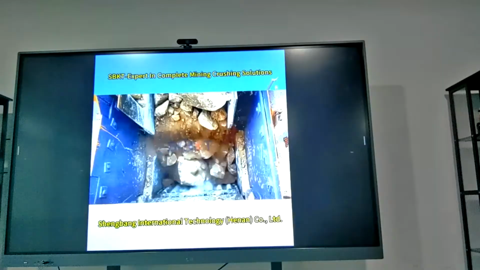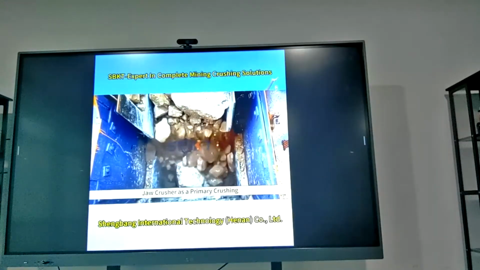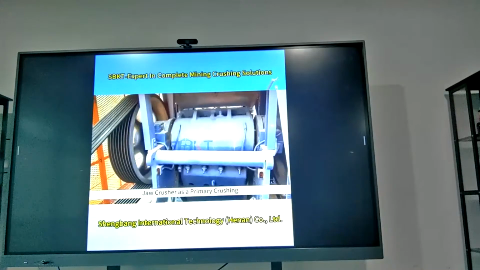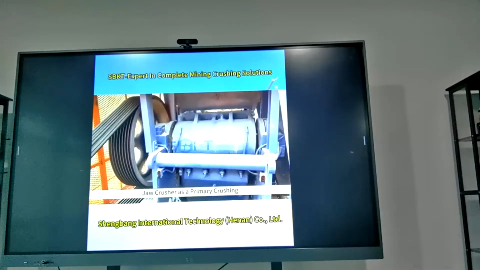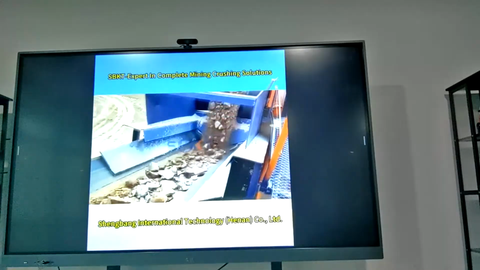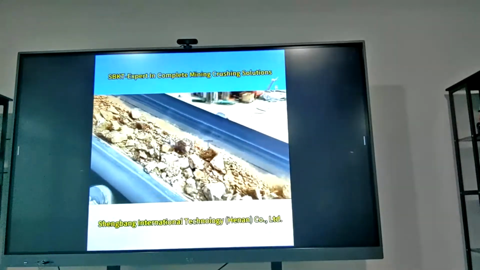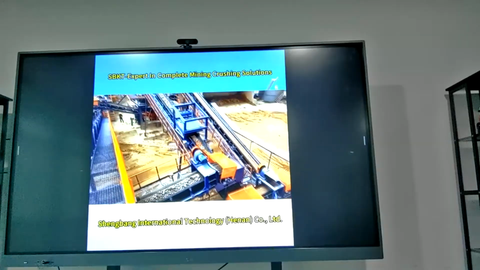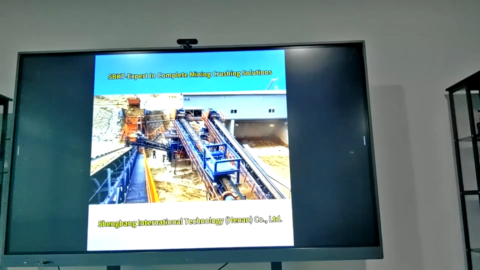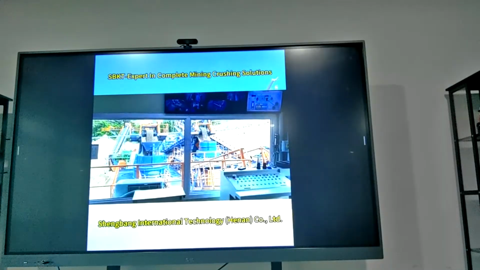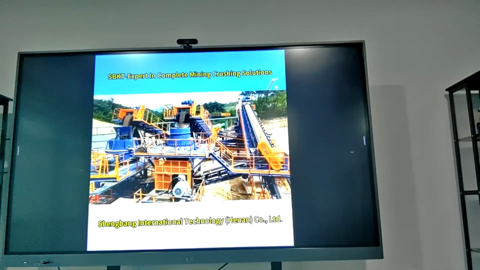In another part, for the discharge port adjustment, comparison of operation convenience and accuracy. Ordinary jaw crushers usually use cascade adjustment or manual adjustment to control the discharge port.